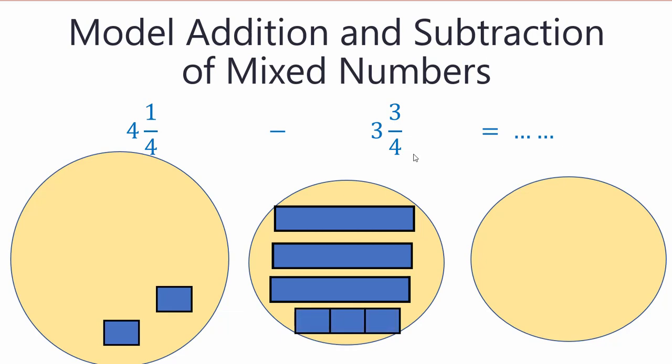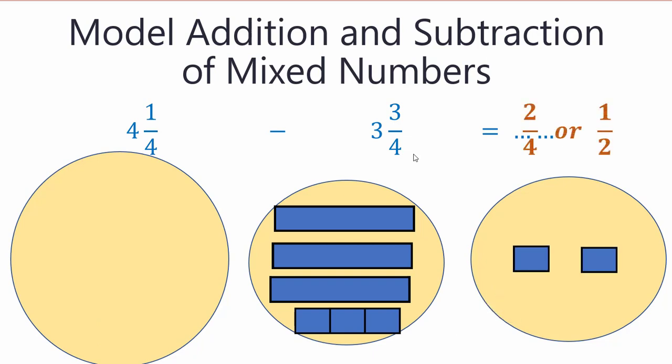Okay, simply, my heroes, as you can see, the remaining here is these two. 1, 2. So the answer is 2/4, or simply you can divide by 2 to get the answer, half.